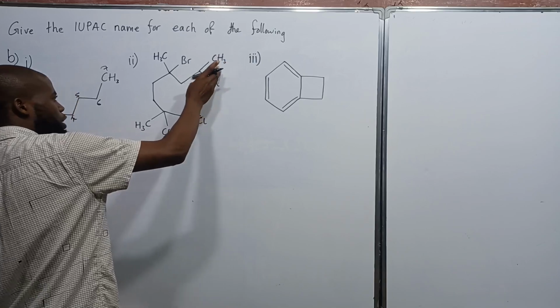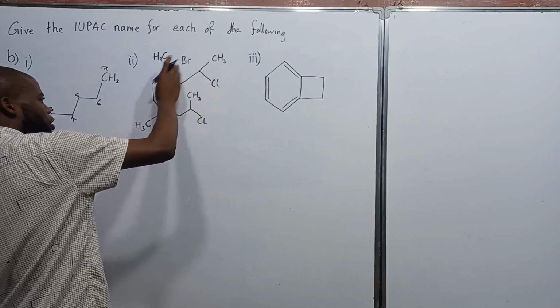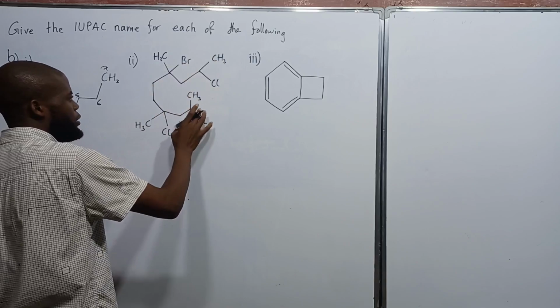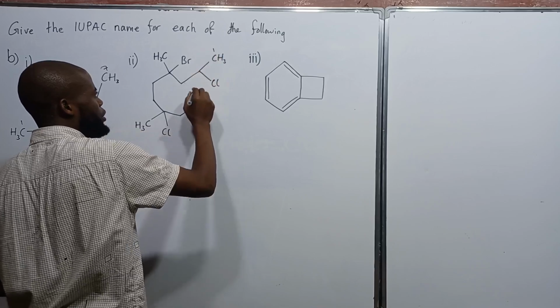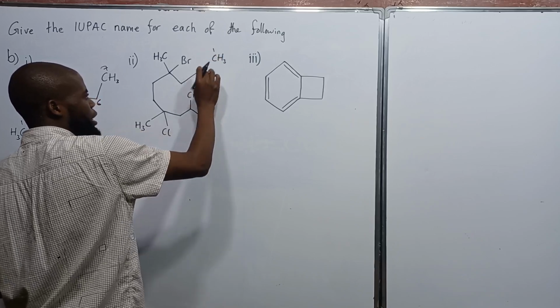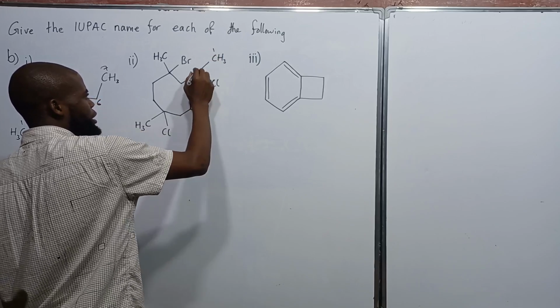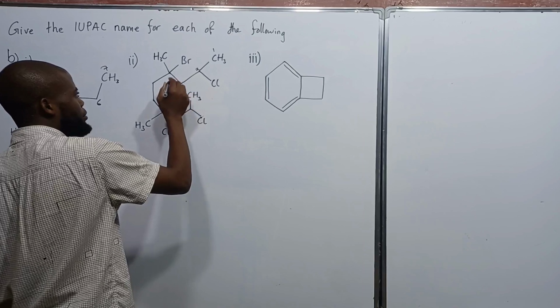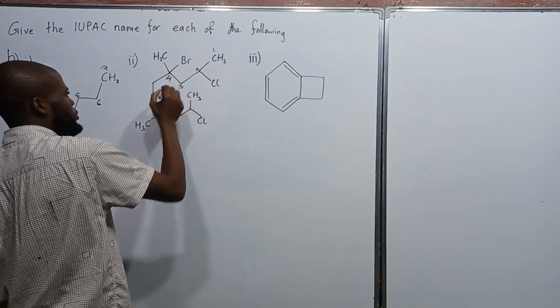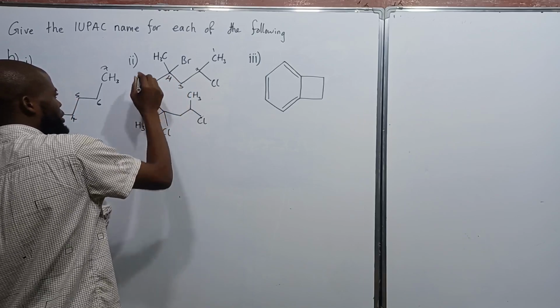So we can count either from this direction or this other direction. From right going back to left, this is going to be carbon number 1. Where the chloro is attached, this is going to be carbon number 2. This is going to be carbon number 3, number 4, and this is going to be number 5.